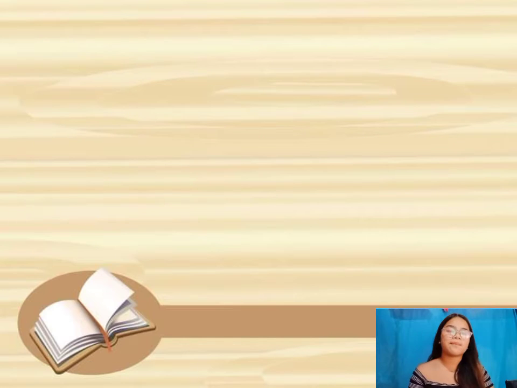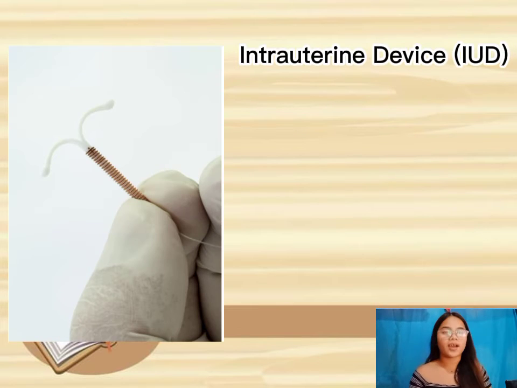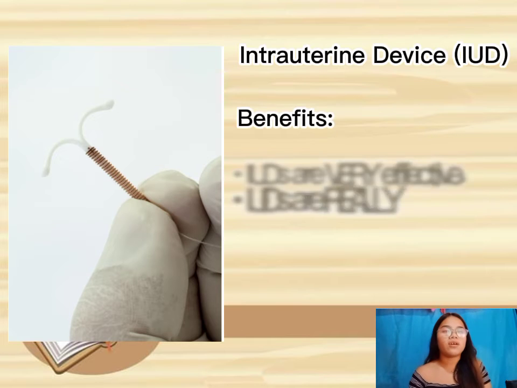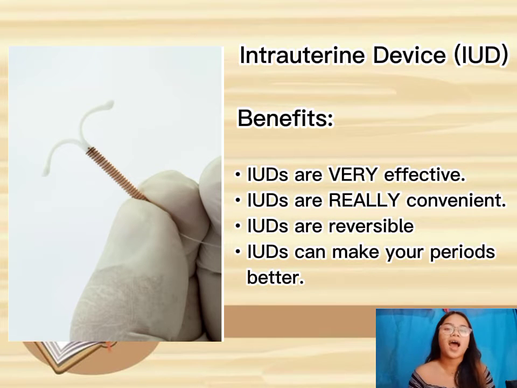So the third type is intrauterine device or IUD. The benefits of it are: first, IUDs are very effective. IUDs give you great long-term protection against pregnancy. They're more than 99% effective.